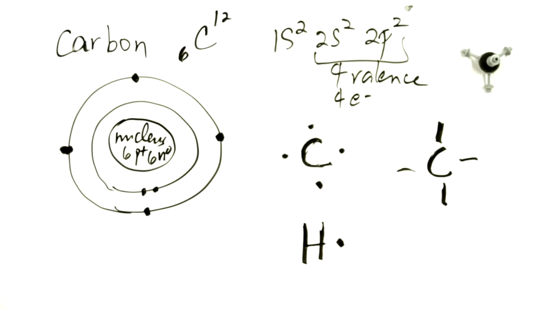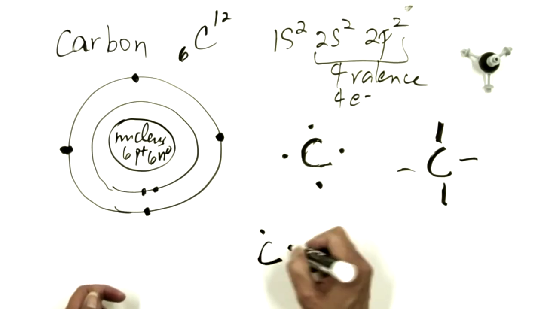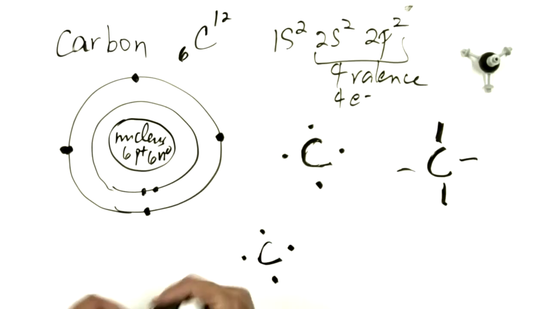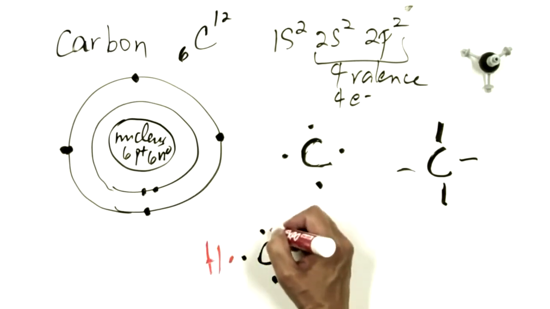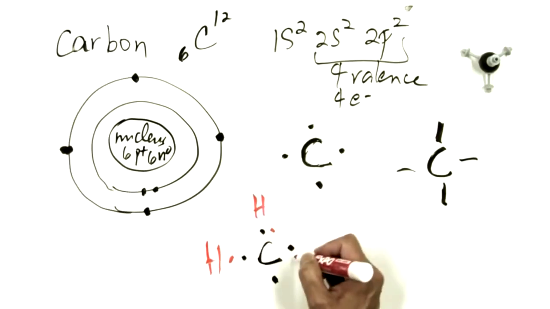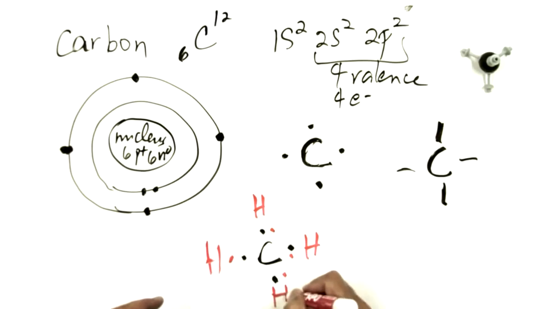Let me just redraw this for you. You would have carbon with 4 electrons here. Let's have hydrogen. Each hydrogen can only share 1 pair of electrons, so the only way it can share electrons with carbon is to have 4 hydrogen atoms.